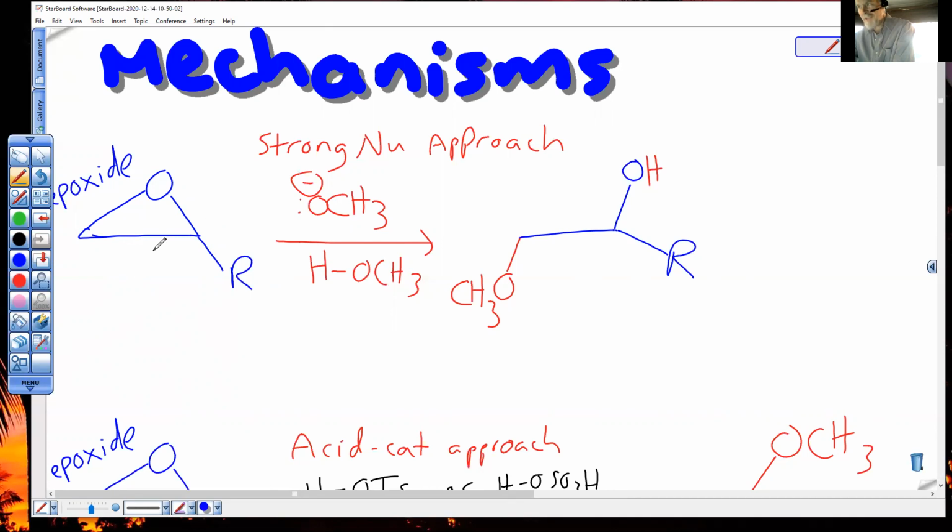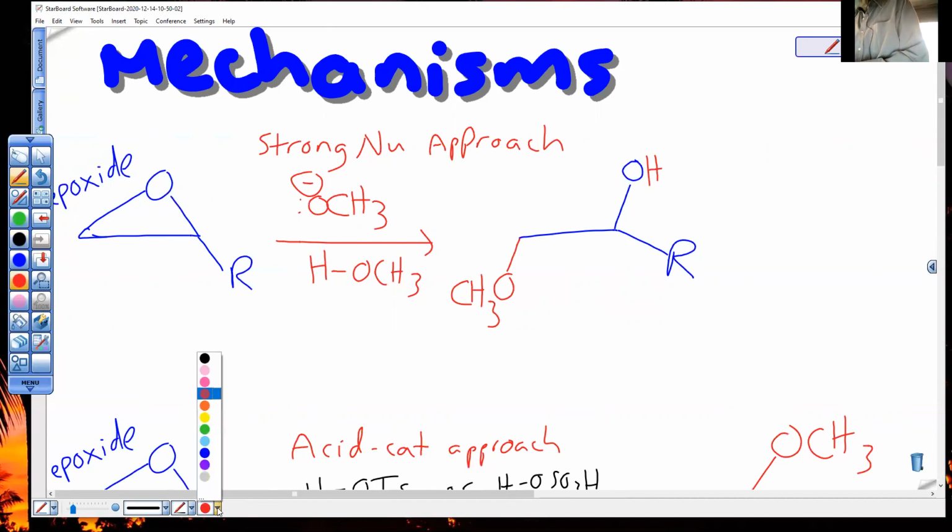Nucleophilic epoxide opening is governed by approachability. That's another way to say it's governed by steric factors, by which carbon is easier to approach, one that has no carbon groups attached or one that has a carbon group attached. The answer is the less substituted carbon is easier to approach. We're going to attack the less hindered carbon.